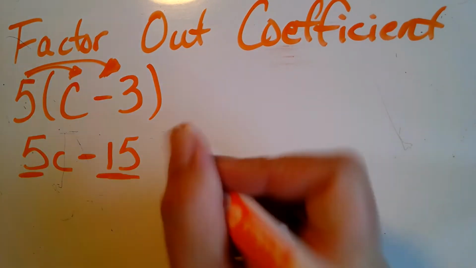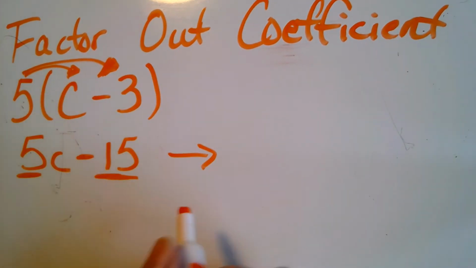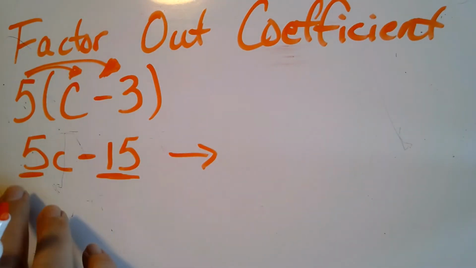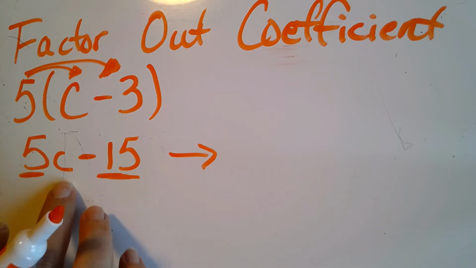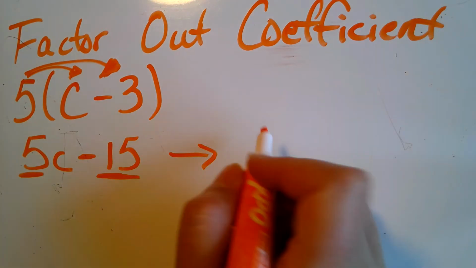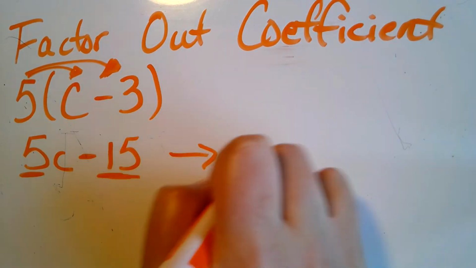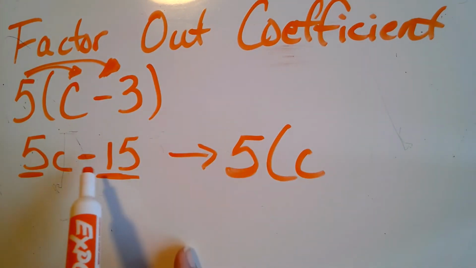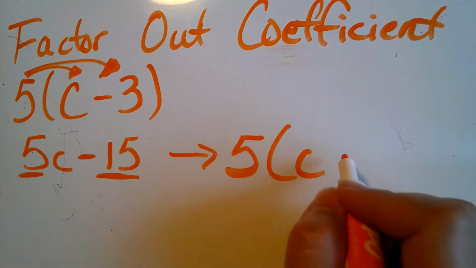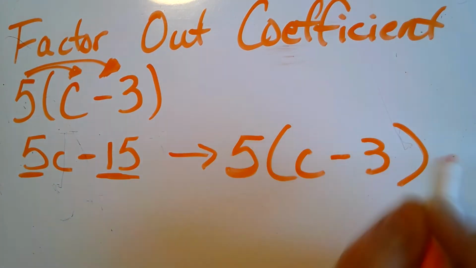So if I were to do this backwards and I'm factoring out the coefficient, I need to ask myself, what factor times c would create 5c? Well, it would be 5. So I would factor out the 5. And then what times 5 would be -15? It would be -3.